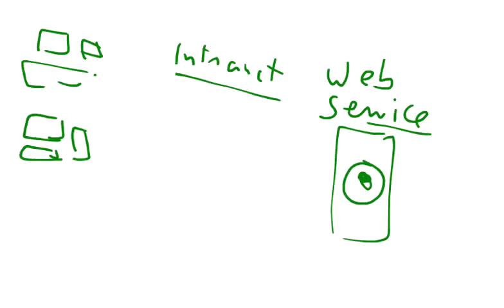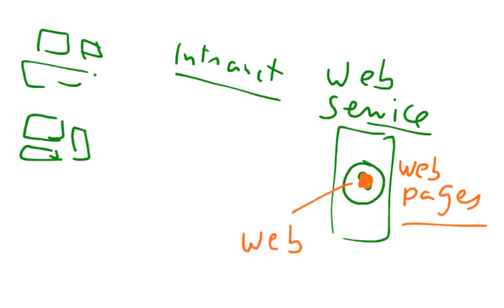So this web server is right now acting as a host. Why? Because we have hosted our web pages on this web server. Therefore, this web server is also known as a web host.